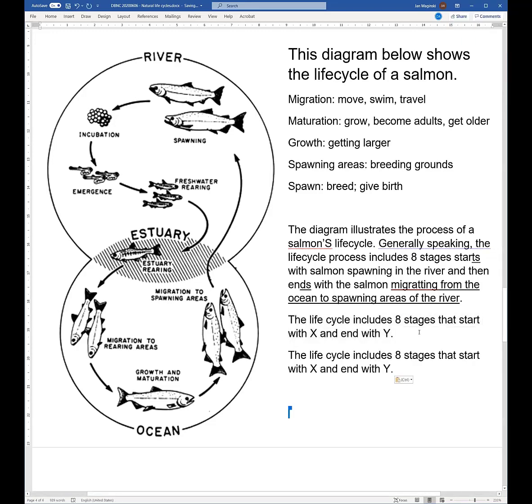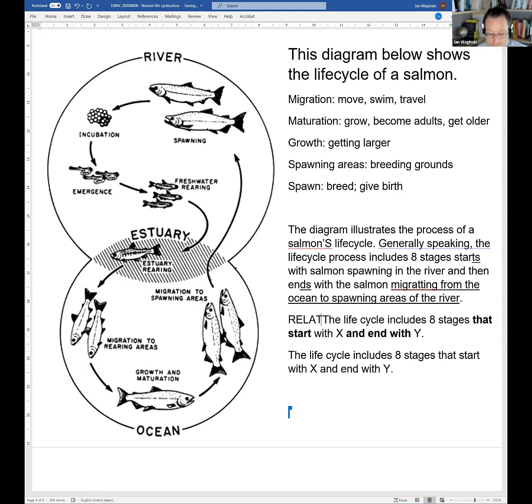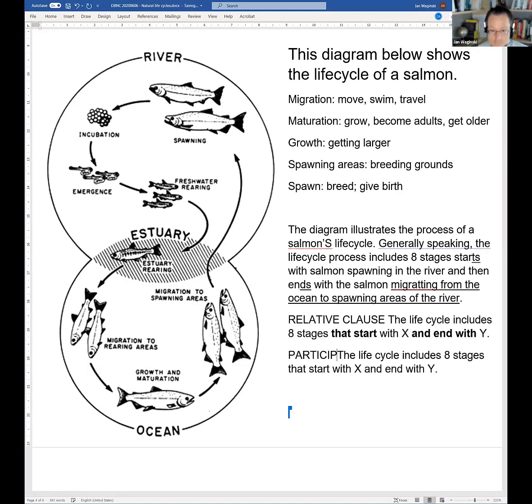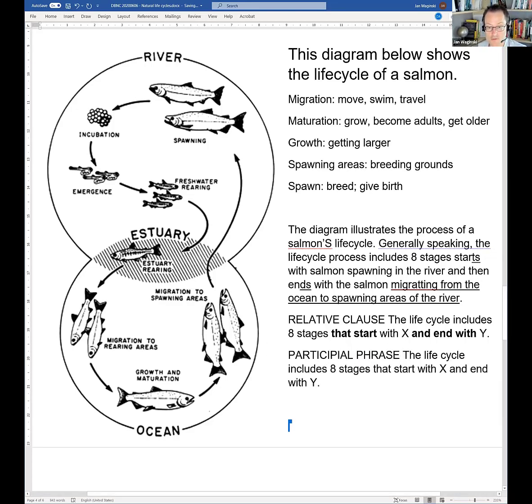In the case of this sentence, we should say the life cycle includes stages that start with X and end with Y. So this is a relative clause, right? Yes. But now if we want to do a participial phrase, we have to change this.